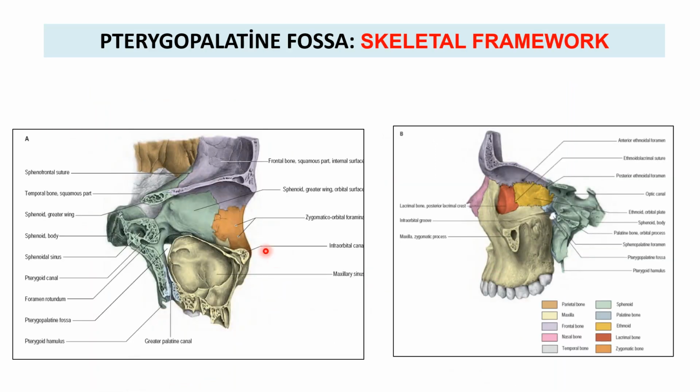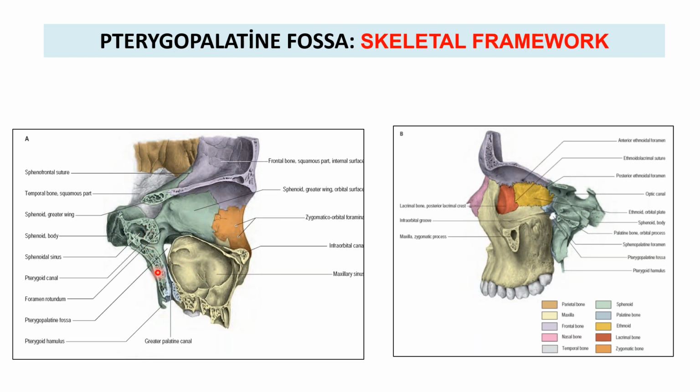Now if we look into the skeletal framework in some minute detail, let's see it again. This is a dissected area through the skull bones. This is the anterior and this is the posterior aspect. Over here, this yellow part is the maxilla bone, which has been cut. You can see the maxillary sinus over here.